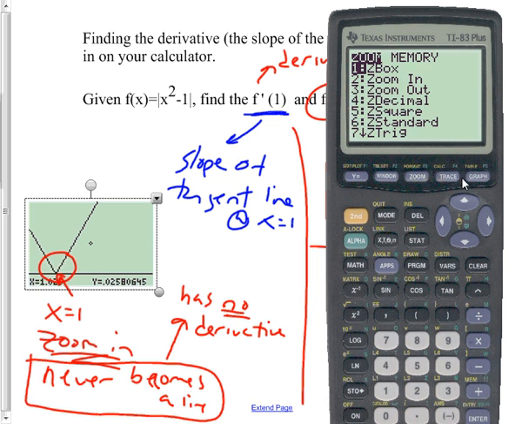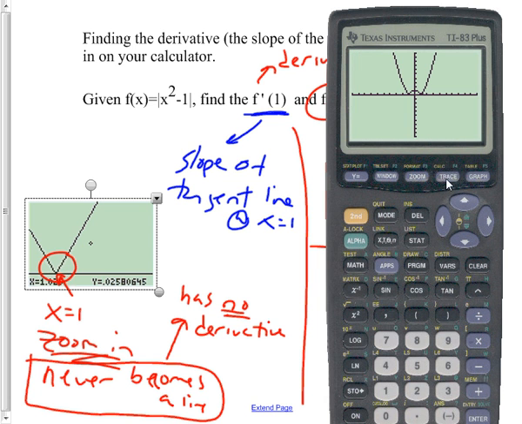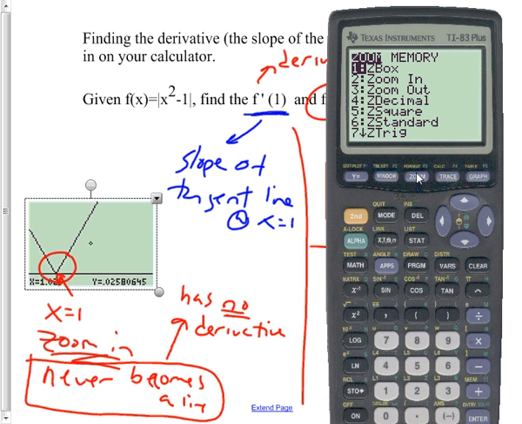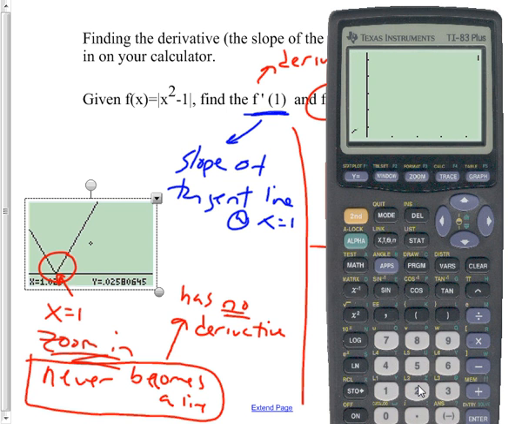For some reason my zoom box is not working, so the other way of doing this is getting the value of x equals 2, and then we're going to zoom in there. So press zoom in, and we zoom in.